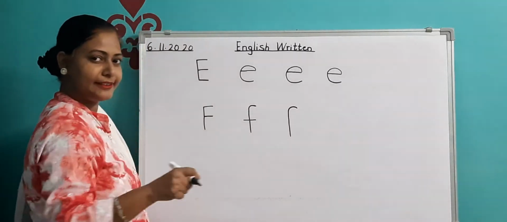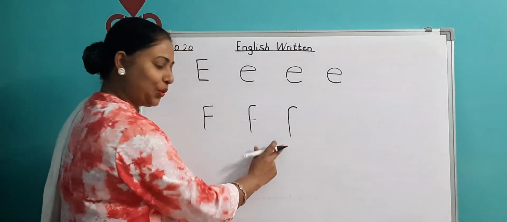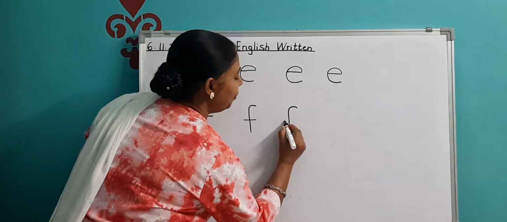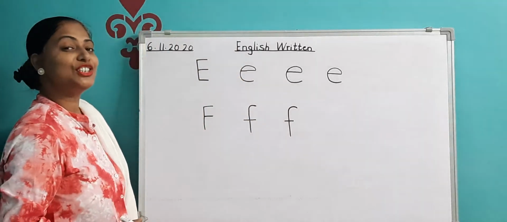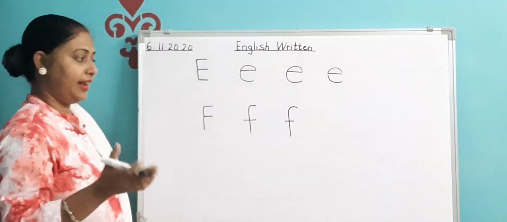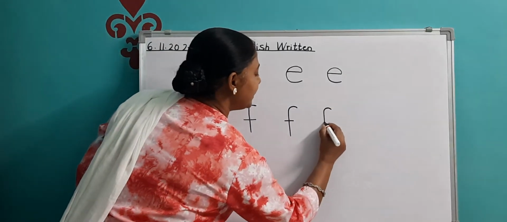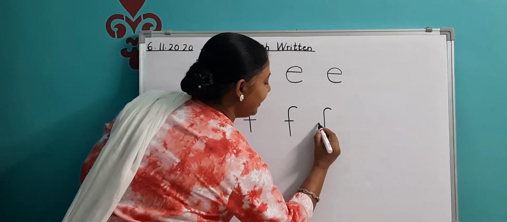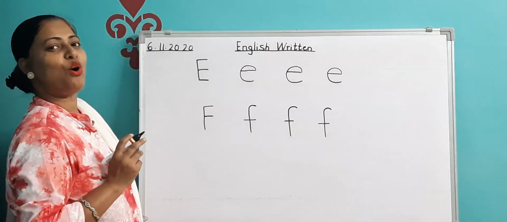Make a grandfather's stick like this, and then you make a small cut like this. It will become what? Small f. Again, watch. Grandfather's stick and then a sleeping line. This is small f.